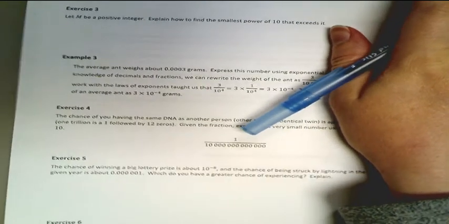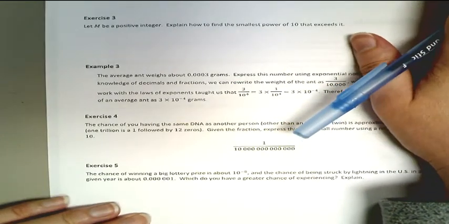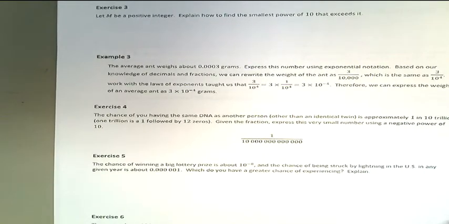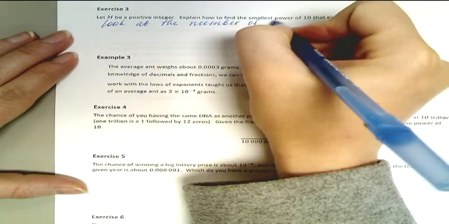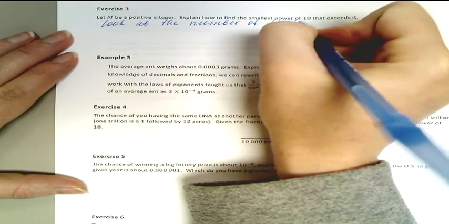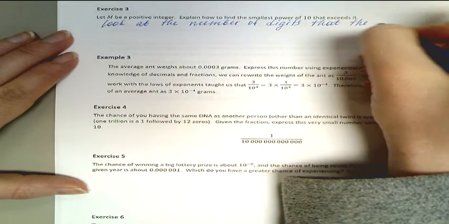Let m be a positive number. Explain how to find the smallest power of 10 that will exceed it. Okay, so what we want to do here is look at the number of digits of the number, right? Look at the number of digits that the given number contains.